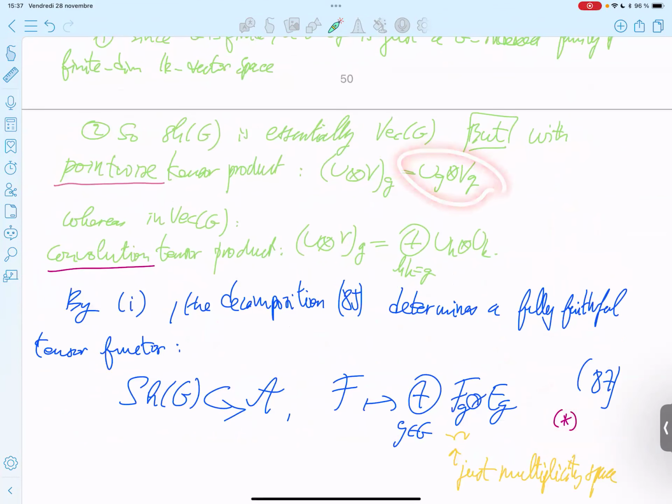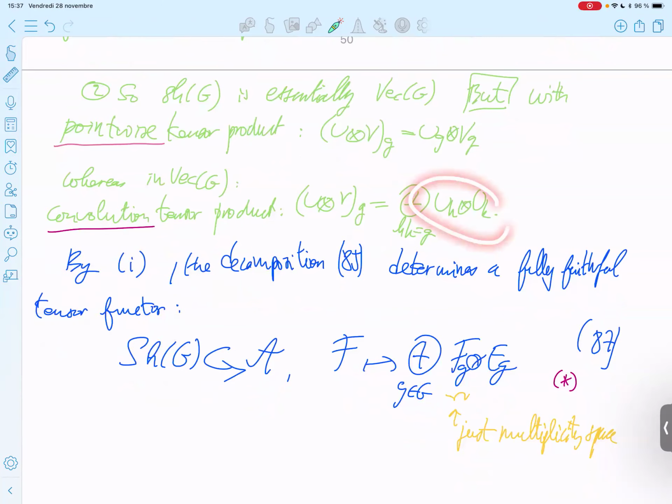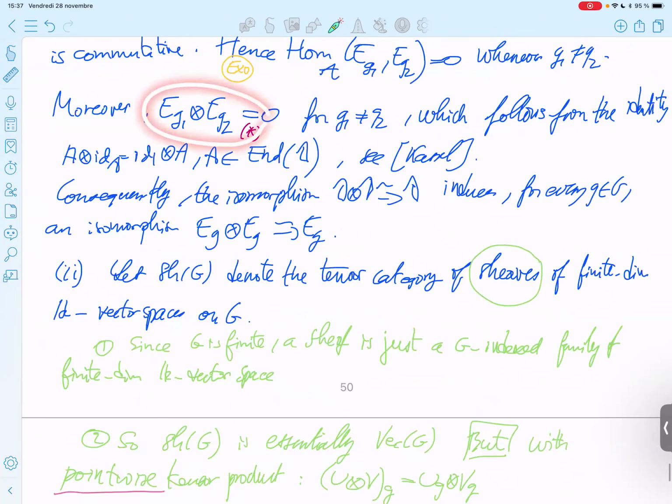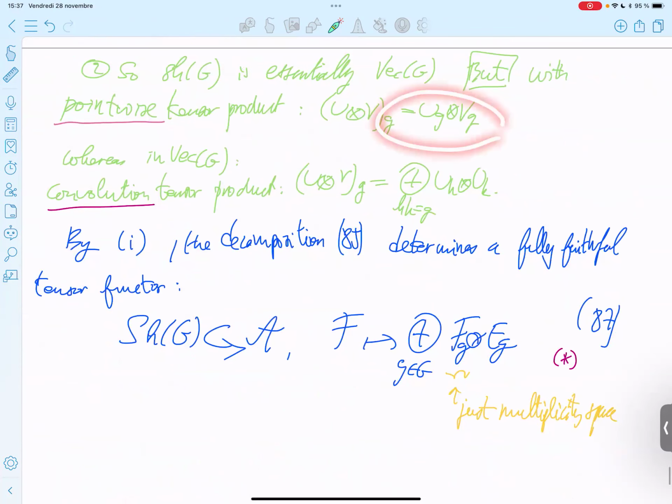If it is not pointwise, something should be 0 when they are different. So this corresponds to something pointwise. So it should be pointwise, if I'm not mistaken.